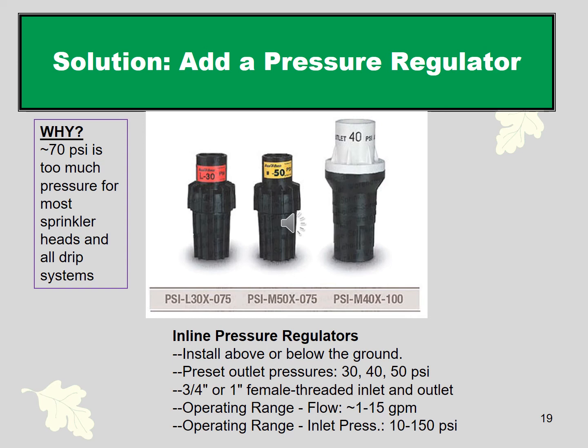And you can get the 3/4 inch or 1 inch female threaded inlet and outlet, and they have operating flow rates too that work for them, and operating ranges of pressure going in, so they can take up to sometimes like 100 psi. Going through this pressure regulator, it can come out at 40, and they will regulate that. So that's the way you deal with that last example.